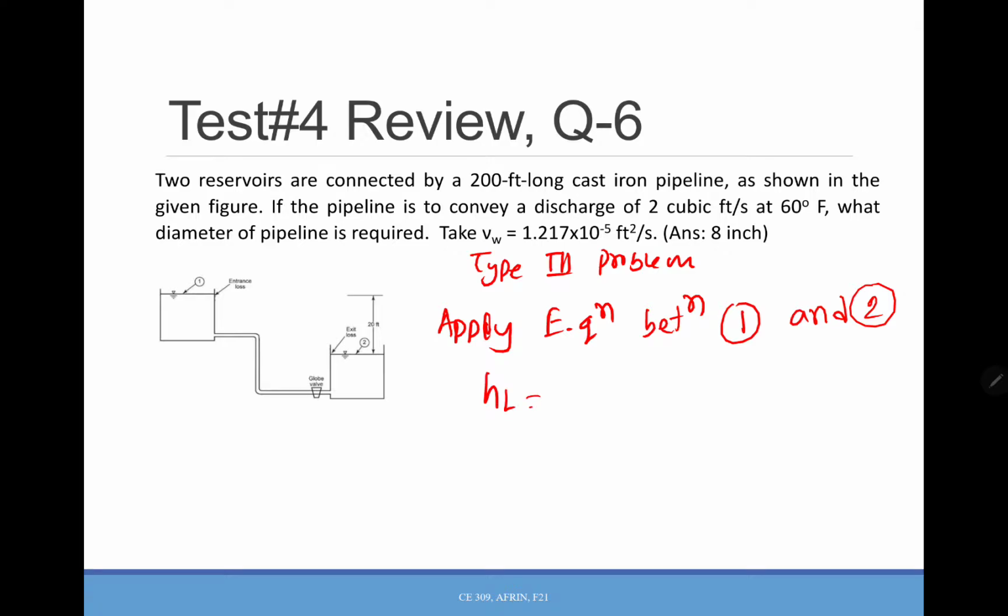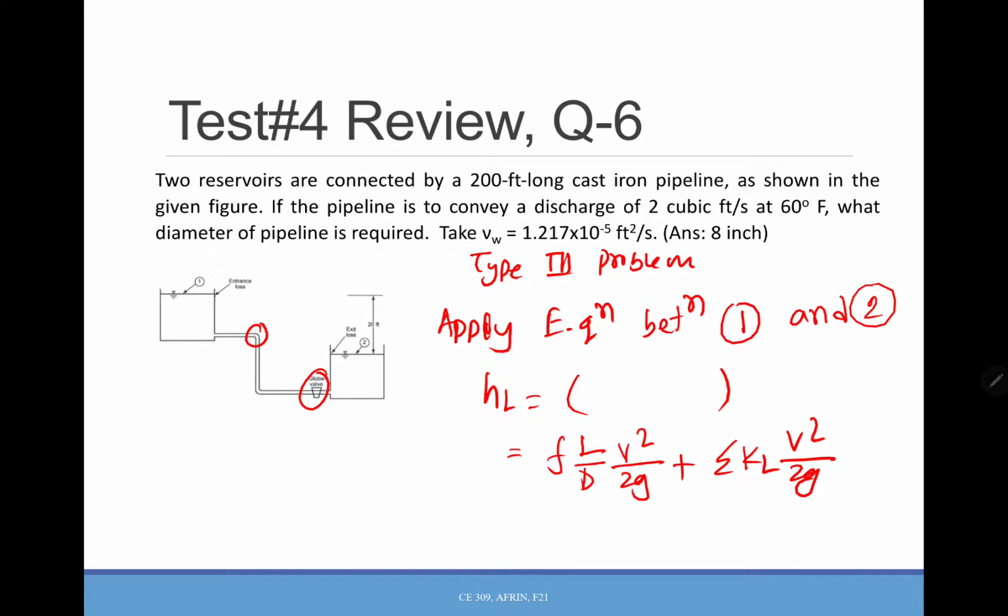That will give you a head loss value, and then you can set that head loss as f L over D v square over 2g plus summation of KL v square over 2g. Now you need to find what minor sources you have. Here the minor sources are a globe valve, 2 elbows, flush entrance, and the exit. So that will give you the KL, and you will have everything here except the f value.